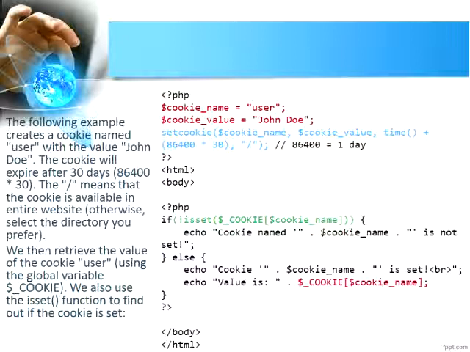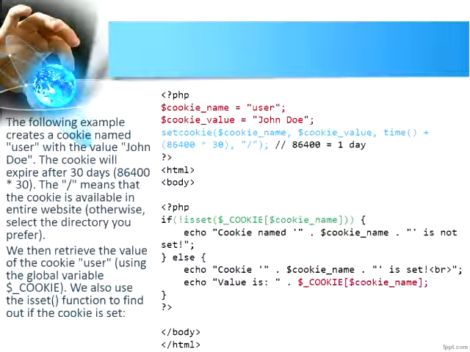After that, the cookie name, we write the string user, comma, the cookie value, John Doe, comma, time() plus 86400 multiplied by 13. 86,400 is 1 day.